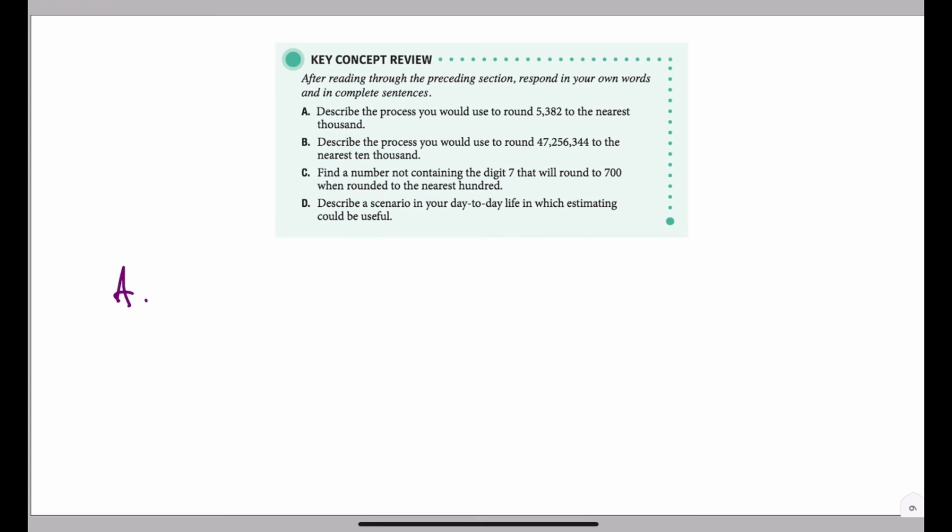So, A, describe the process you would use to round 5,382 to the nearest thousand. Now, we already did this one together, and you could go back and look at it, but I want you to try to recreate it from memory. So, what's the first thing we do? The first thing we do is we identify the place value of interest.